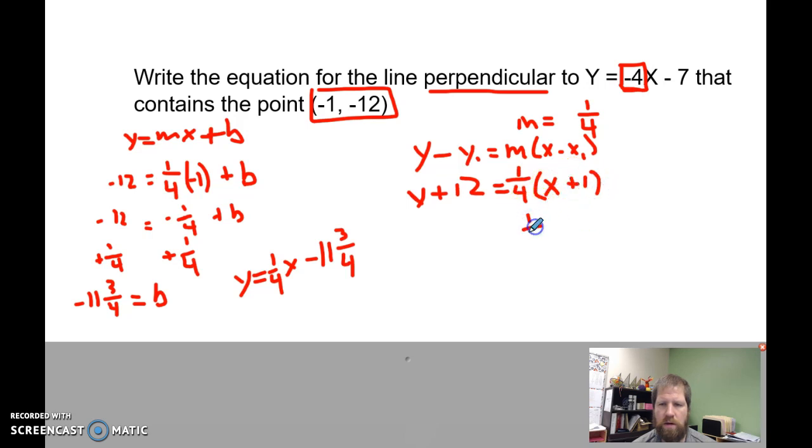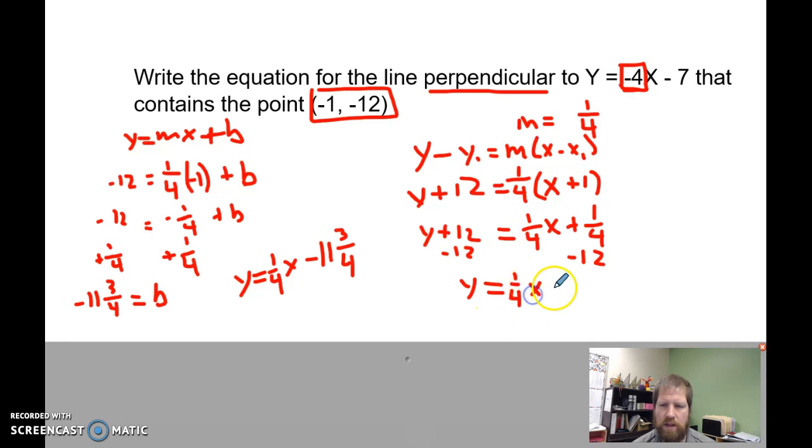This will give me 1/4 x plus 1/4 equals y plus 12. Subtract 12 from both sides. y equals, and then another -12 plus 1/4, x minus 11 and 3/4.